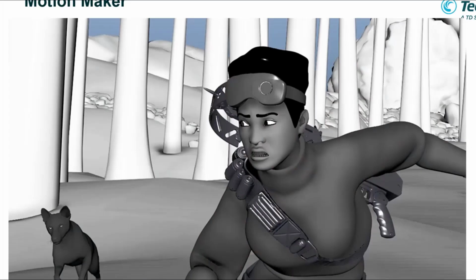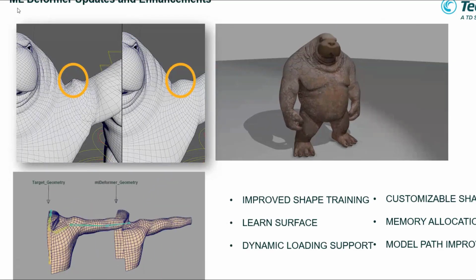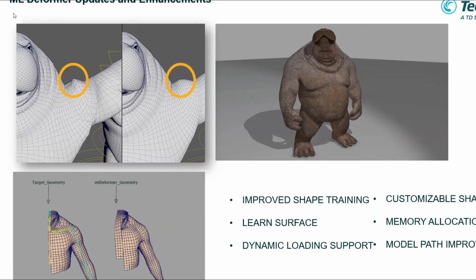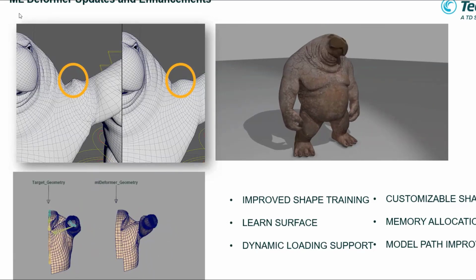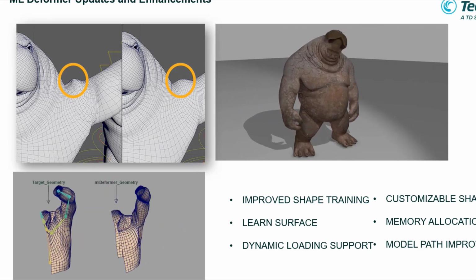Let me continue. So what's another news from Maya 2026 and Maya 2026 update 1? The second one is the ML deformer. ML is machine learning. Starting in 2025, there is a new machine learning deformer.